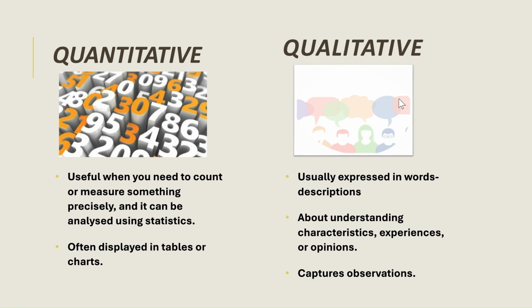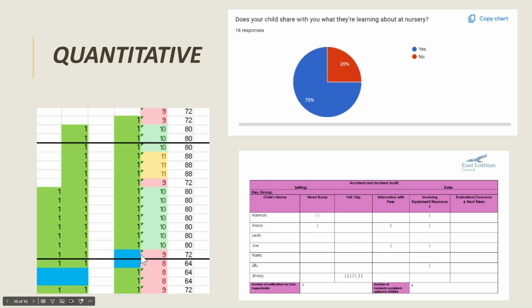There's a range of data we can use, and one of the ranges of data we can use is quantitative. That's where we have measures, statistics, something precise. Often it's displayed in tables or charts. So for example, in setting, you'll have a range of numerical data.